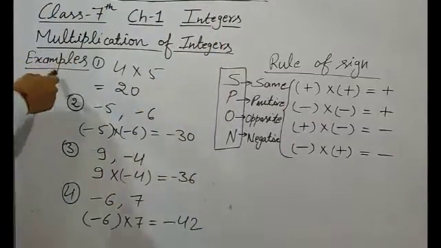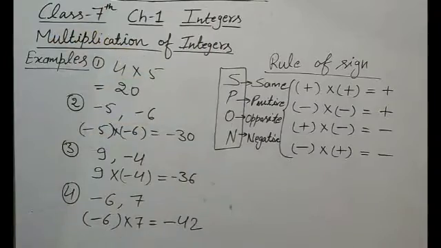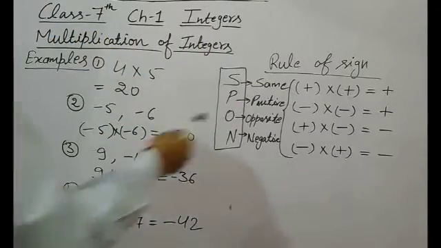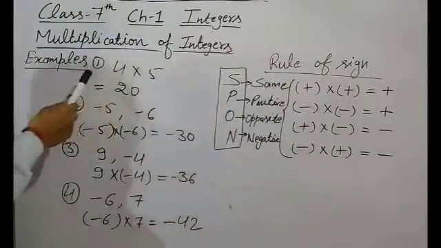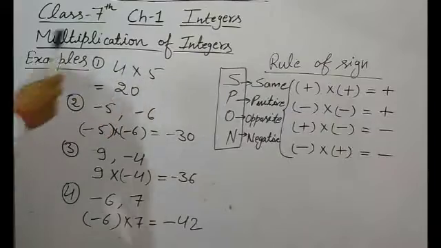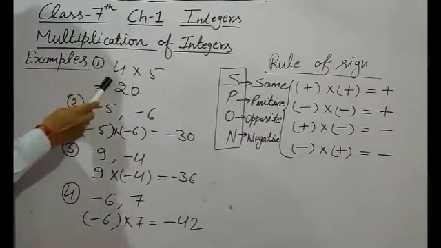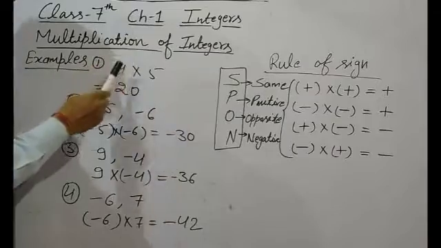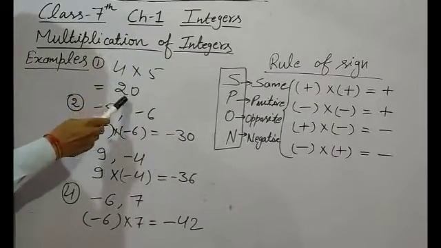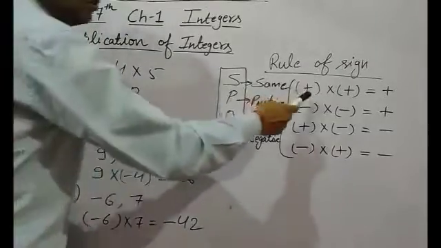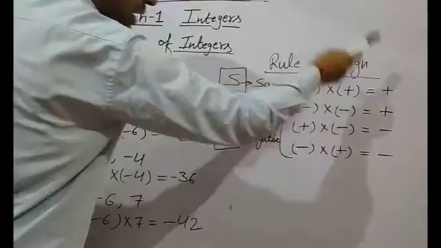Now we take some examples to understand multiplication of integers. For the first rule, we take two positive integers. After multiply we get 20. 20 is positive, plus multiply plus is plus.